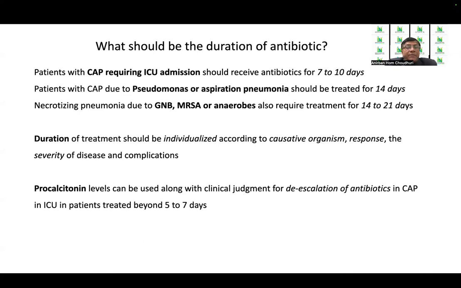Patients with CAP due to Pseudomonas or aspiration pneumonia should be treated for 14 days. Necrotizing pneumonia due to gram-negative bacteria, MRSA, or anaerobes requires treatment for a slightly longer period, 2 to 3 weeks. So the duration of treatment should be individualized according to the causative organism, the response, and the severity of disease and complications.